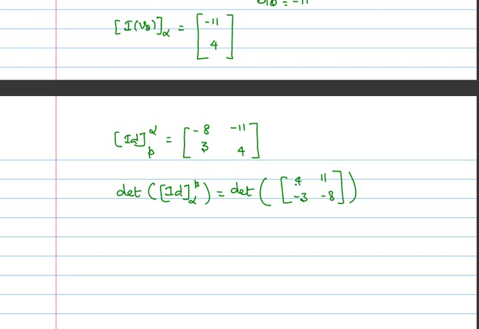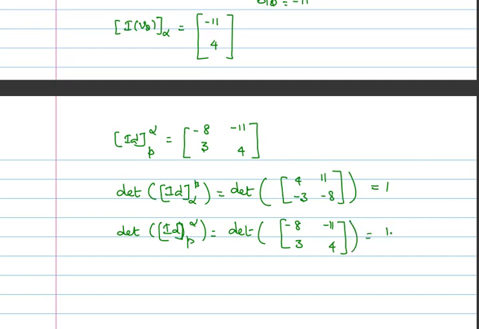So what is the determinant? Determinant is 1. Similarly, the determinant of I beta to alpha, that is the determinant of minus 8, minus 11, 3, 4. You will also get 1 here.